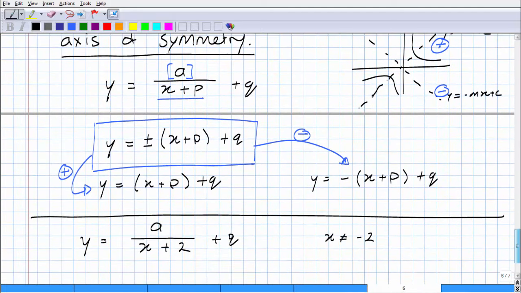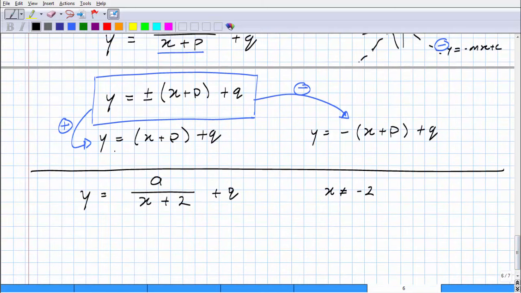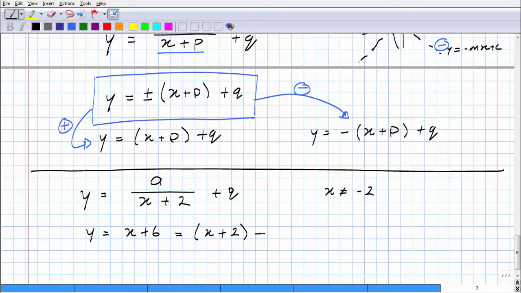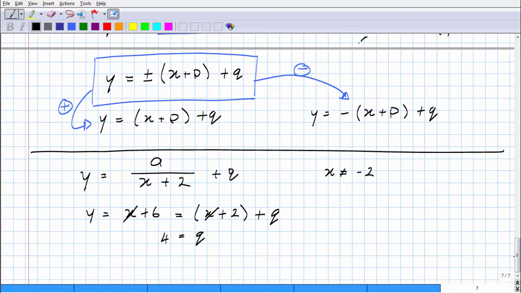So y equals x plus 6, but we know that that's equal to x plus p, which is 2, plus q. So the x's cancel, we have 6 and then 2, so 4 equals q. Now we've solved our p problem and our q problem.